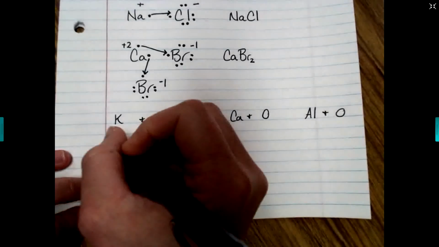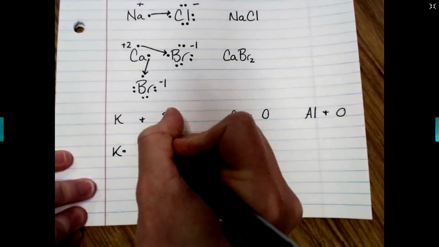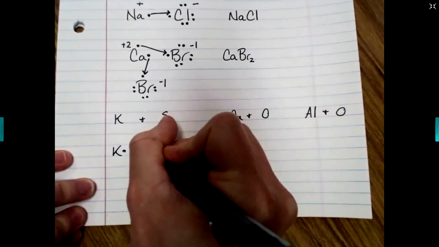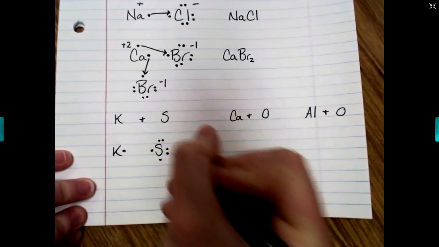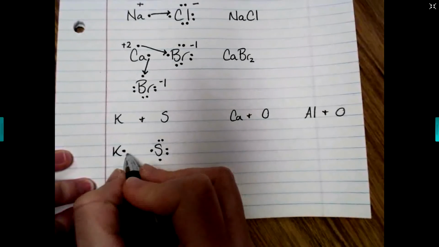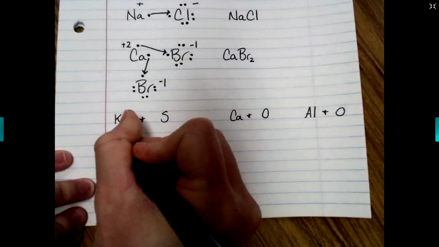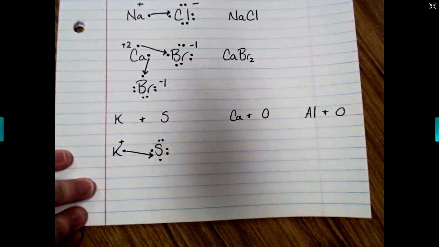All right, so potassium has 1 valence electron. Sulfur has 6 valence electrons. Remember, we're figuring this out based on what group these elements are in. So if you're like, how does she know how many dots to put around it? You need to be looking at your periodic table and looking at what group these are in. So potassium is going to lose that 1 electron to sulfur, and now potassium has a +1 charge.